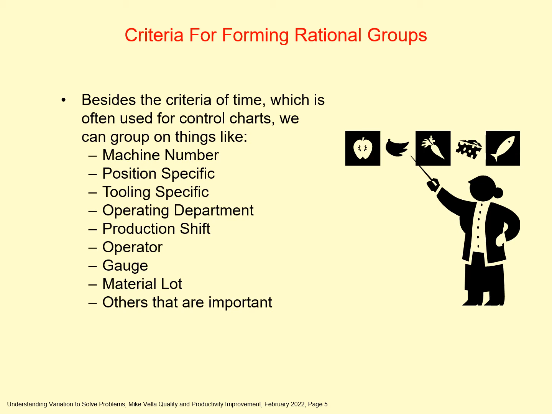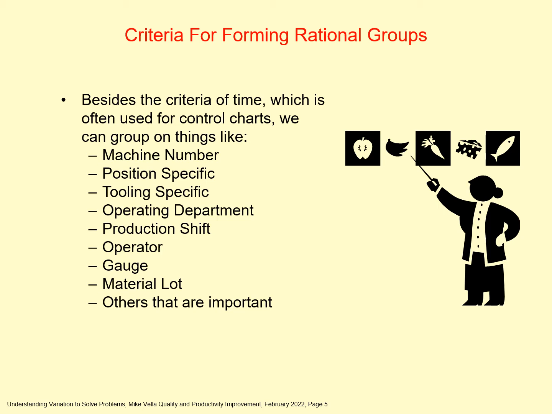So some criteria for selecting subgroups might be by different machines, different positions on molds or dies. It might be something to do with tooling specific collection of data, or by the operating department, the production shift, by the operator, the gauge.